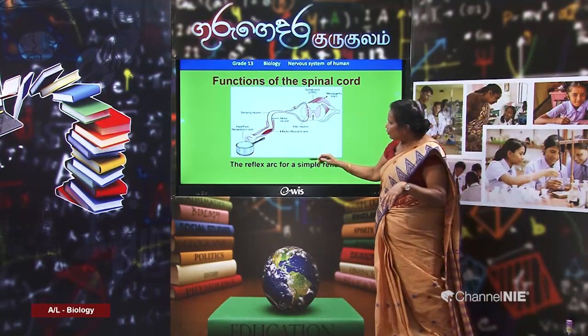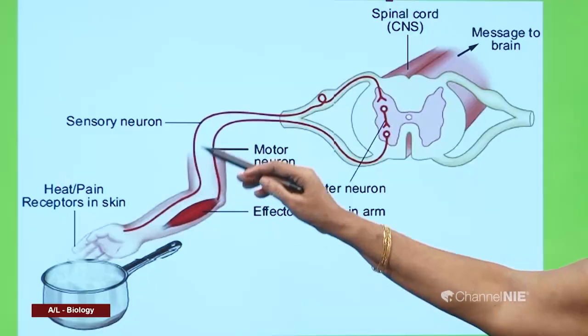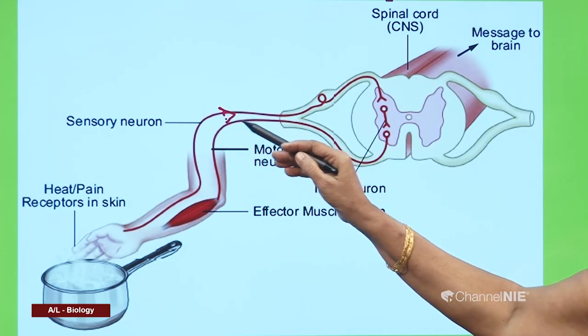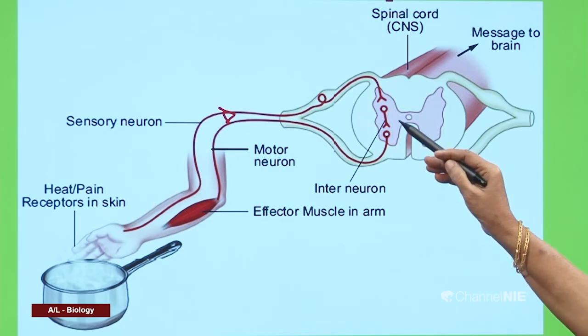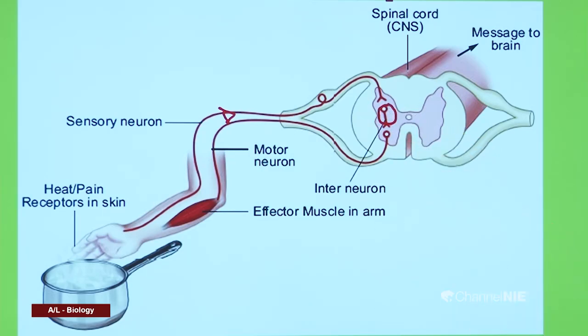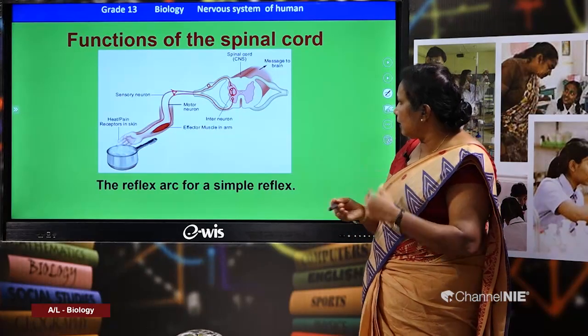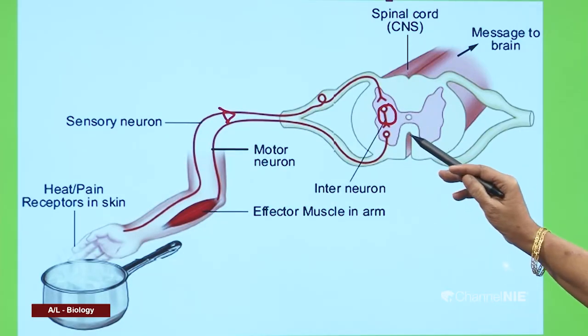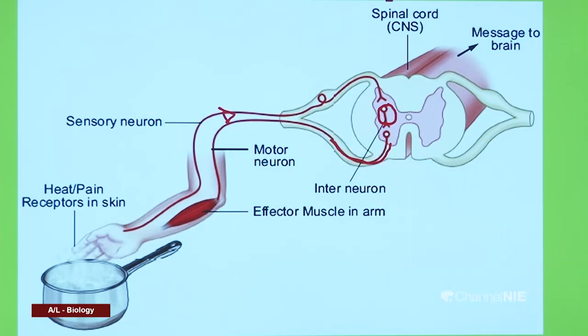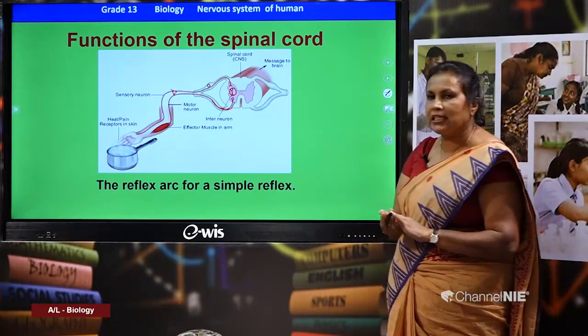Here you can see sensory neurons, which transmit impulses into the spinal cord, and then there is a neuron within the grey matter through which the impulse is transmitted. Then a motor neuron carries the impulse to the effector organ. This path is known as a reflex arc.